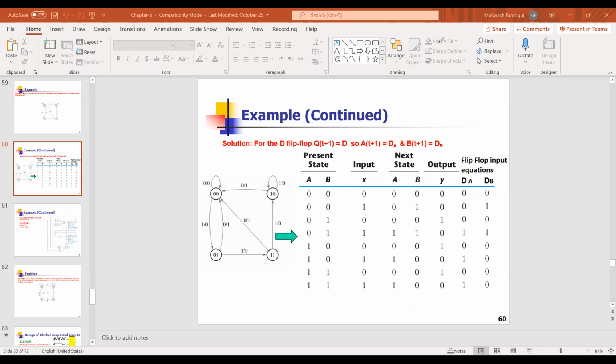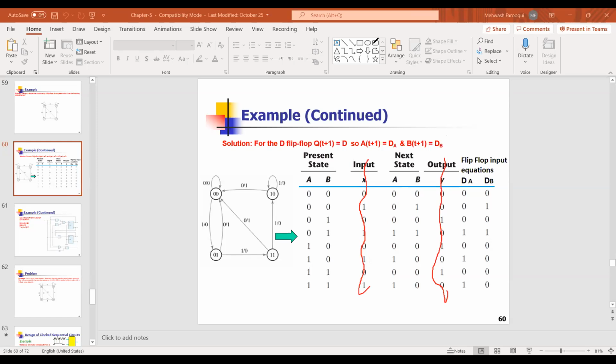So girls, remember the steps, but there will be only one difference: for the counters, we don't have input and output. I already explained you that. Everything else is the same, but you don't have these in the table. Remember these steps because I am going to use them for designing the synchronous counter.